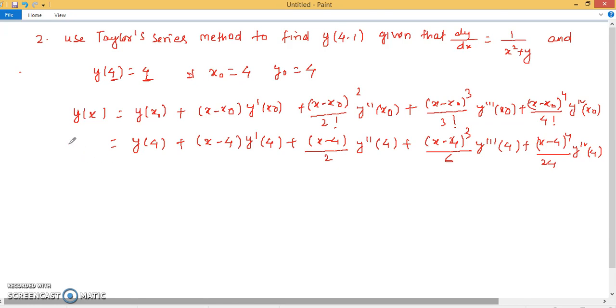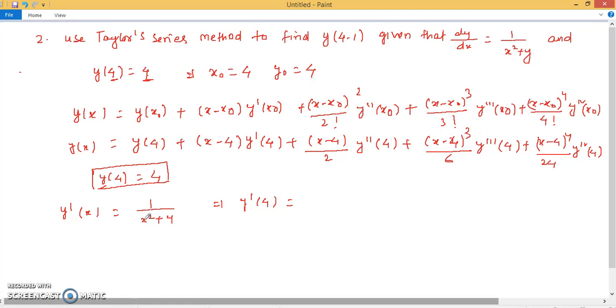So now first, y of 4 is what? It is already given in the question, that is 4. The first value they already mention in the question only. So now y dash of 4. Y dash is already given in the question: y dash of x is equal to 1 by x square plus y. So we can find the value of y dash of 4.